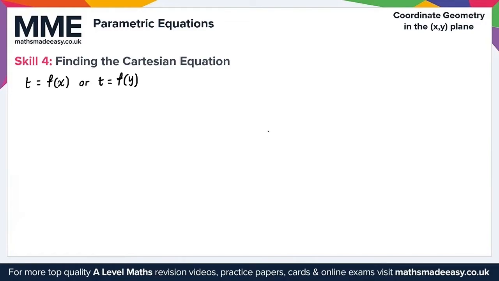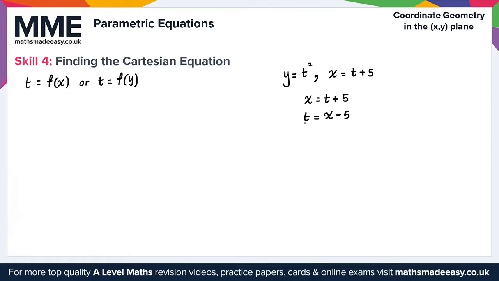So for example here, if we wanted to find the Cartesian equation of y equals t squared and x equals t plus 5. Okay, so x equals t plus 5. Well, if we rearrange this here, we're going to get t equals x minus 5.